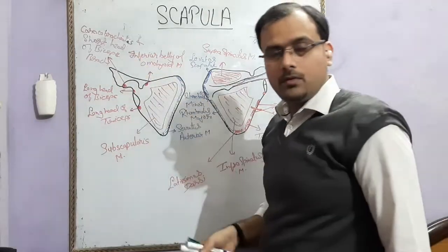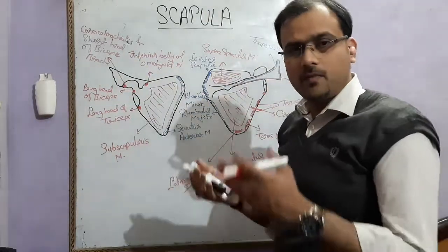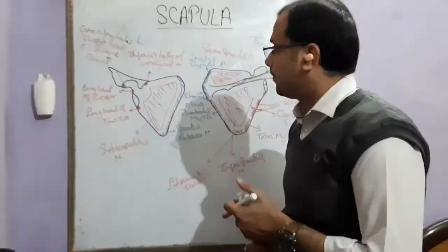These two muscles originate from a single common tendon.